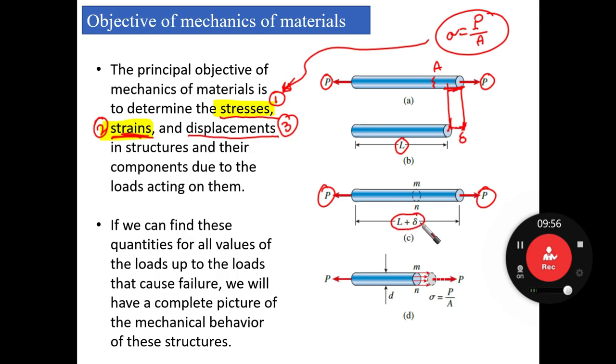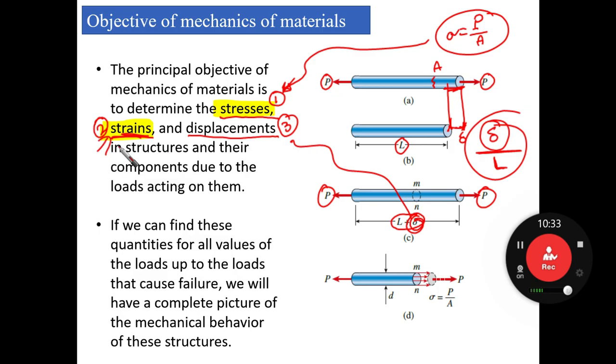So this delta is the extra length over the original length after the solid body deformed. And the strain is the extra length developed because of the load application, over the length of the original solid body. This is what we call the strain, and I'm going to talk about it in detail later.